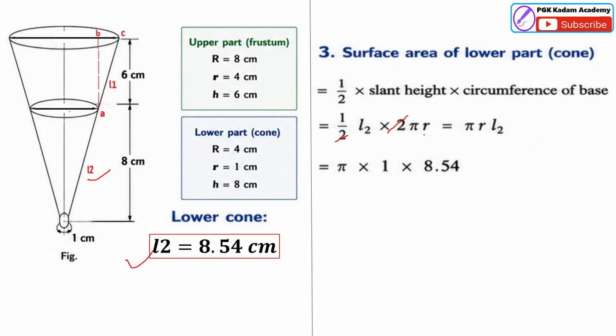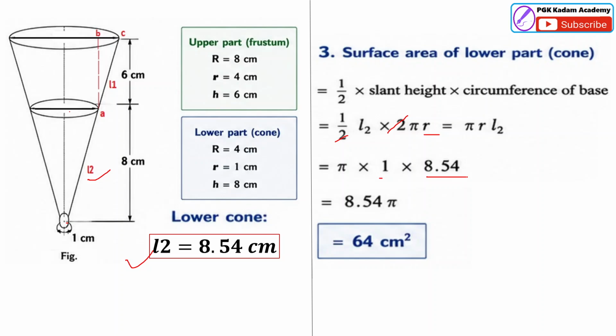Pi into r, where the base radius is 1, and L2 we know. Calculating, 8.54 pi is about 64 centimeter square. The areas are in centimeter square. This is the surface area of the lower part.